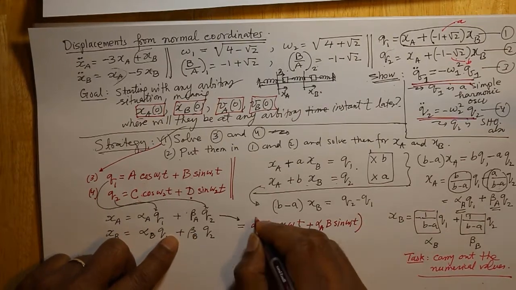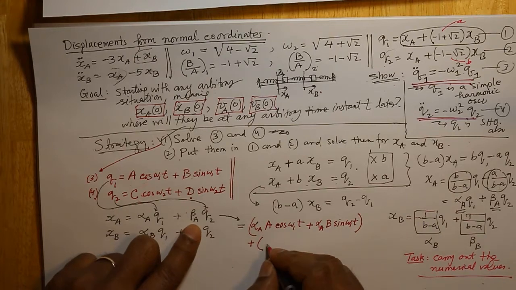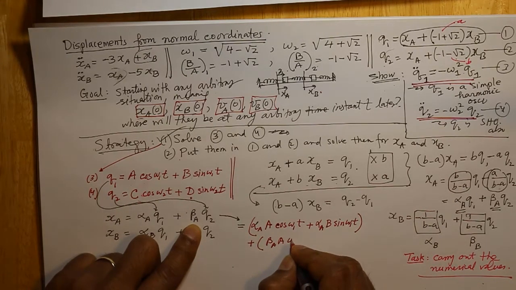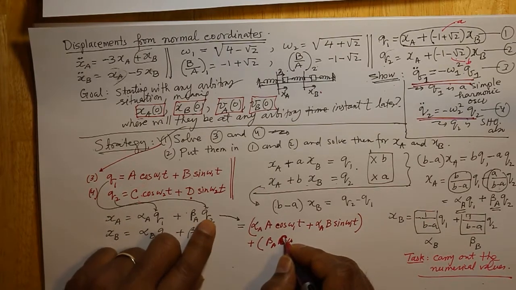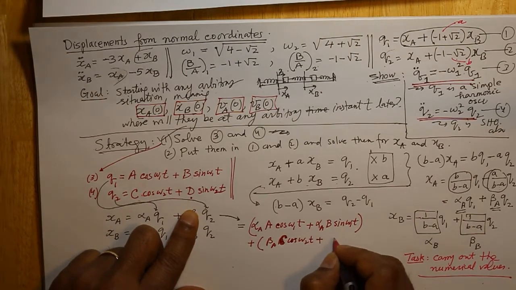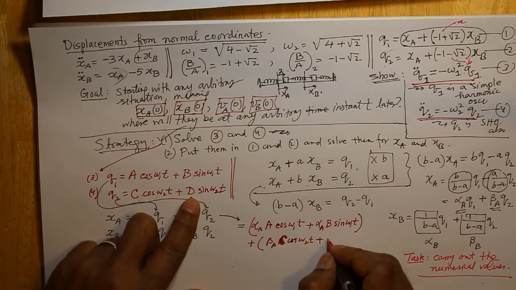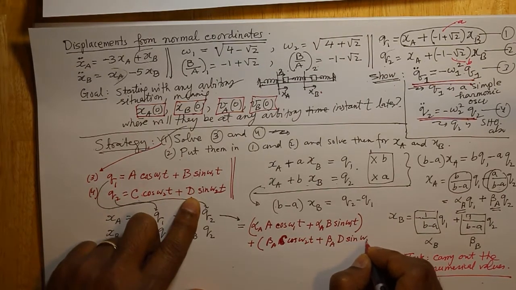So this is all from the first mode, and for the second mode, beta_a times c, since q2 is going to be c cosine omega2 t. This is beta_a with c and beta_a with d, beta_a with d sine omega2 t.